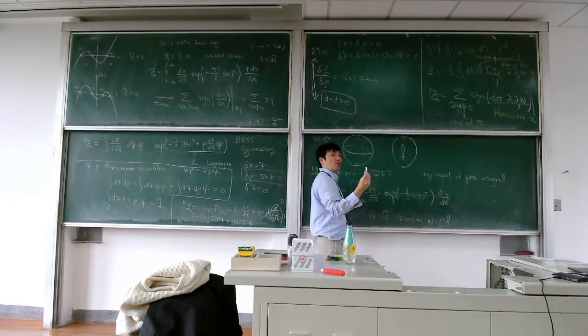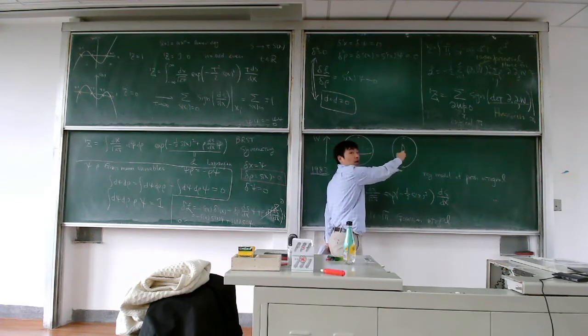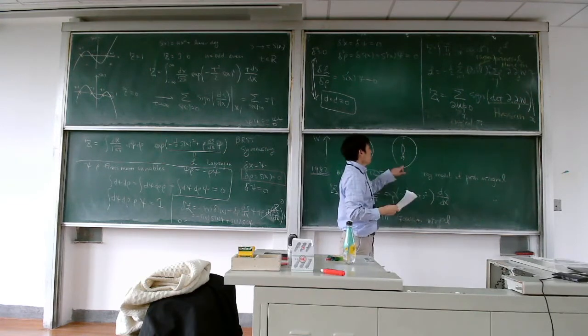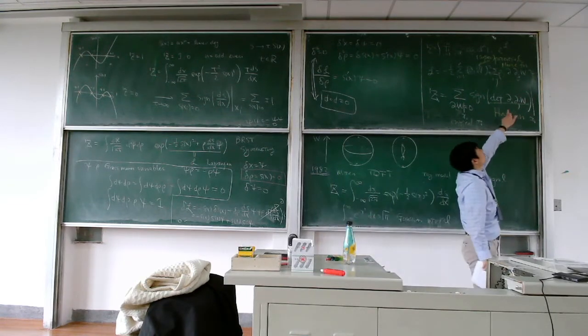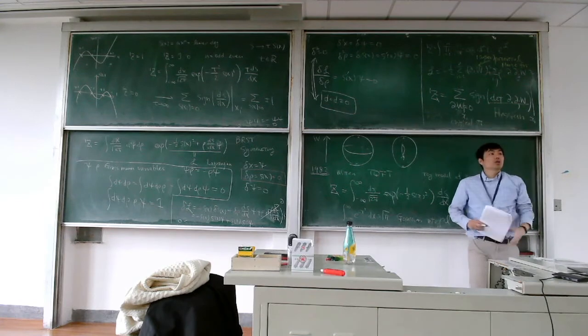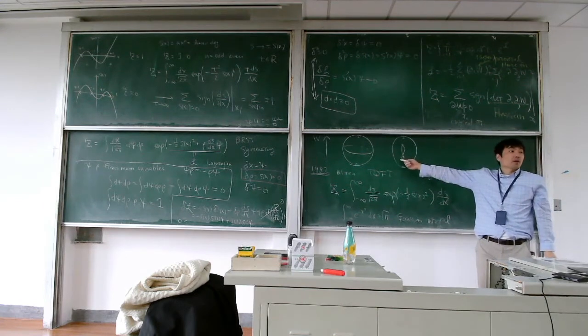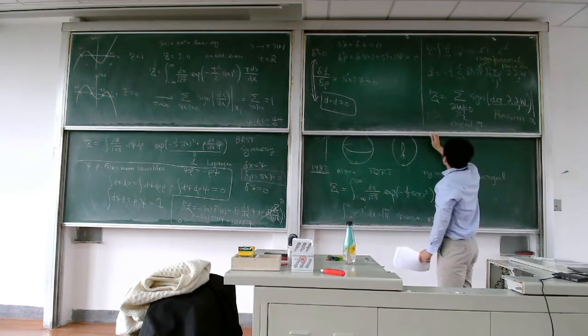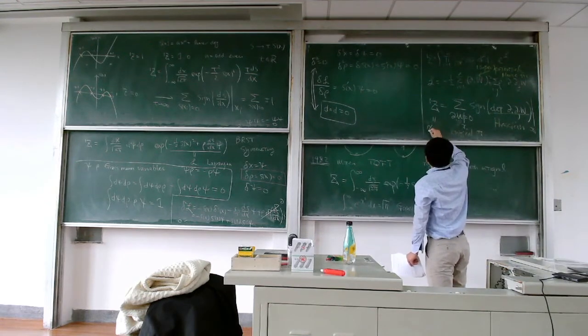So you cannot change W infinitesimally around this point. However you move, the first derivative is 0. And the sign of the determinant of the Hessian really corresponds to the index of the vector field. Therefore, this quantity Z really gives you the Euler characteristic of the manifold M.